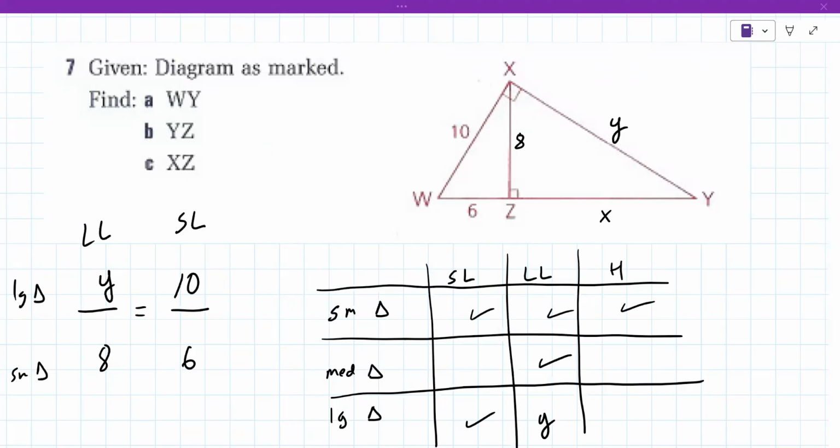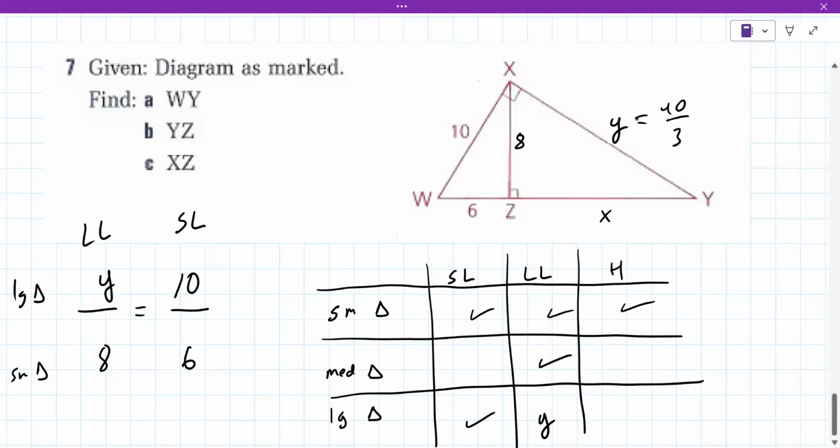I got 40 thirds in fractions. Yeah, I mean, it may not be all that nice.